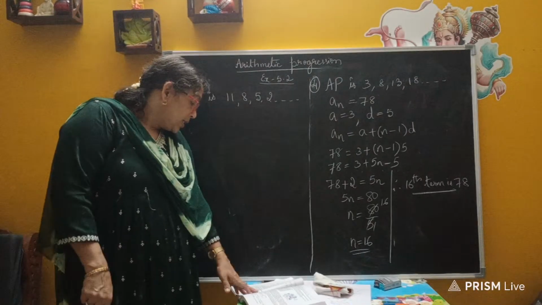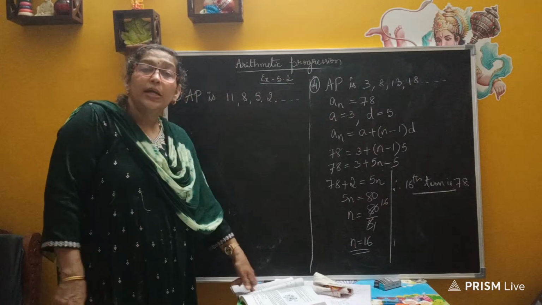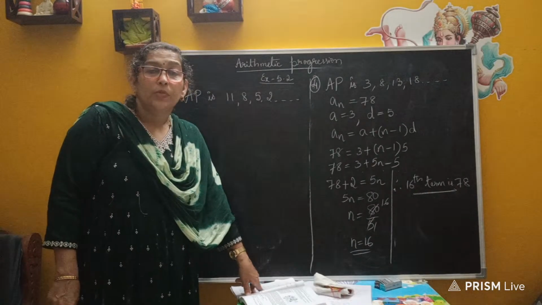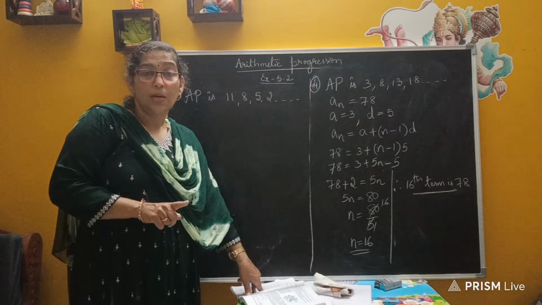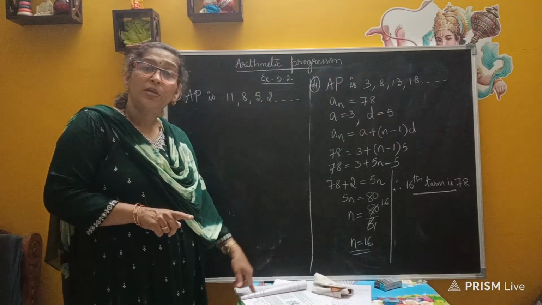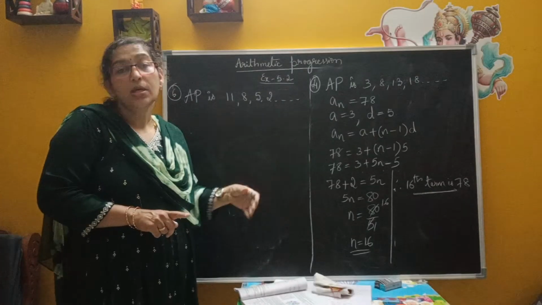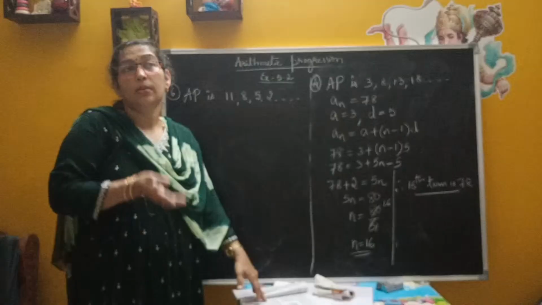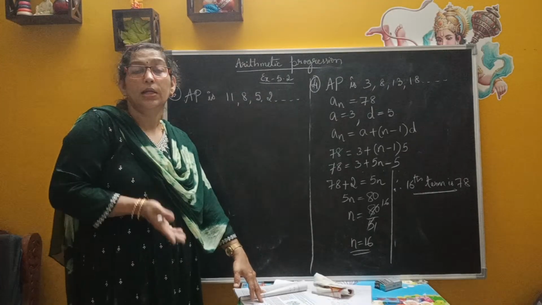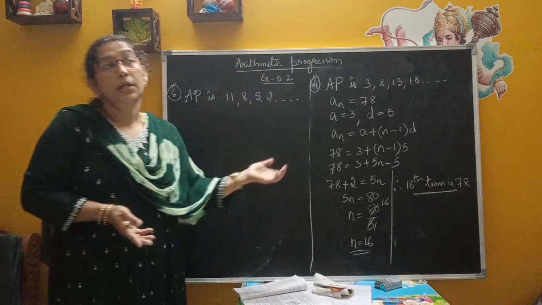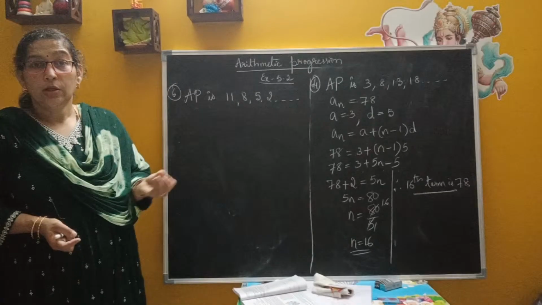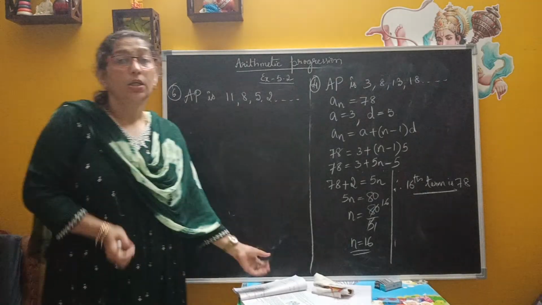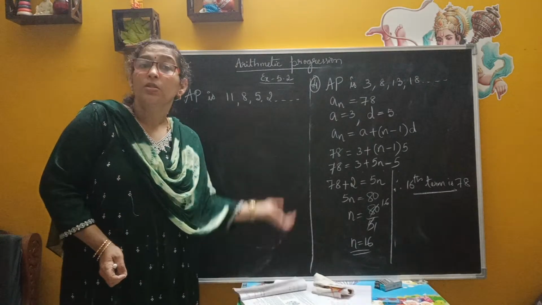Using all this data, find the value of n. If n is a natural number, then minus 150 is a term of that AP. If n is not a natural number, I mean any fraction, decimal, or negative value, then minus 150 is not a term of this AP.